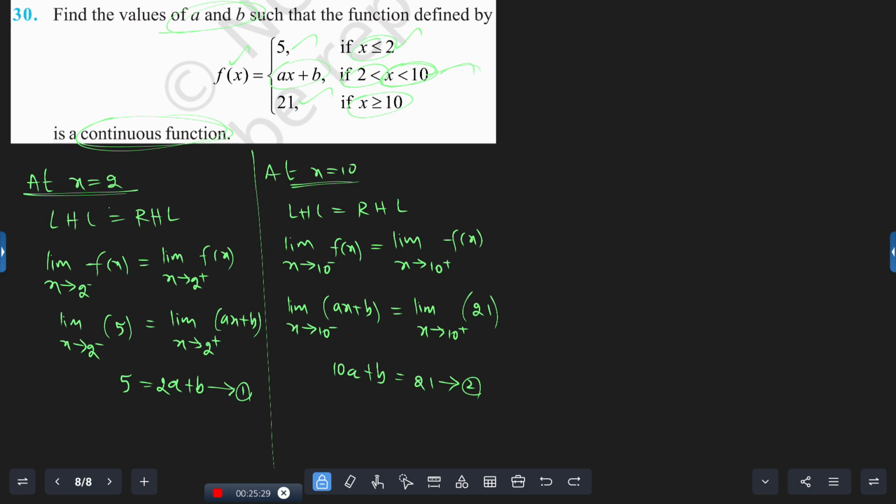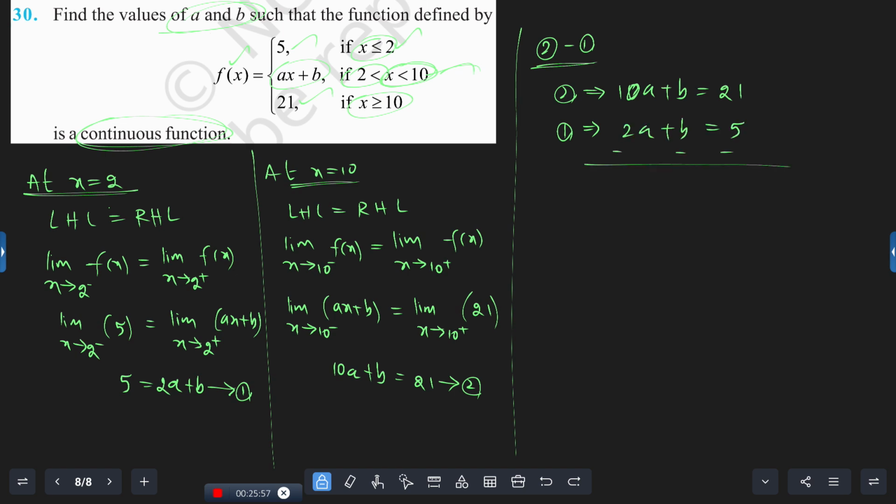So we have to simplify this. When I subtract equations 1 and 2, the b will cancel. Which is bigger? I am doing 2 minus 1, or 1 minus 2, that is your wish. So write the second equation first: 10a plus b is equal to 21, and 2a plus b is equal to 5.